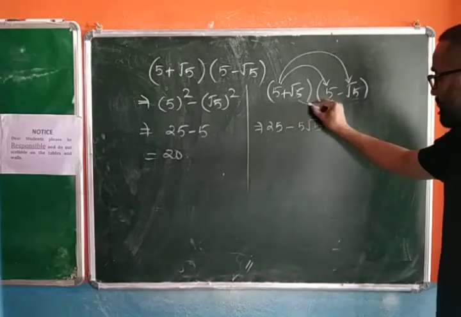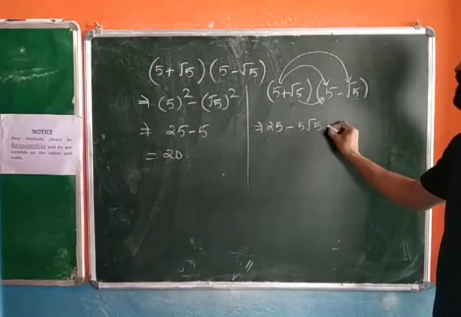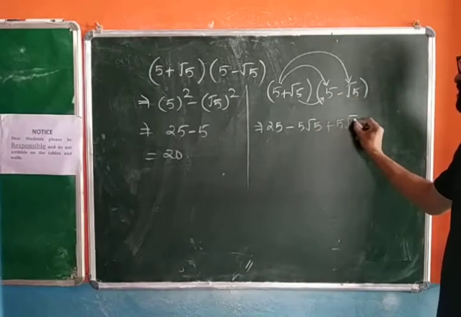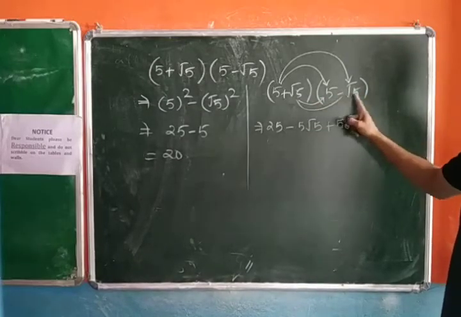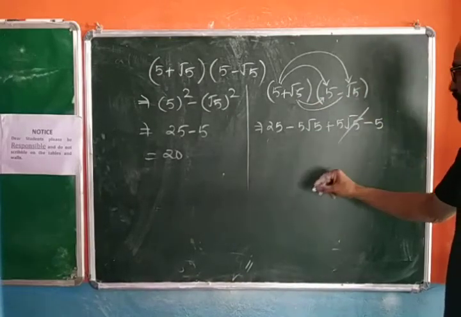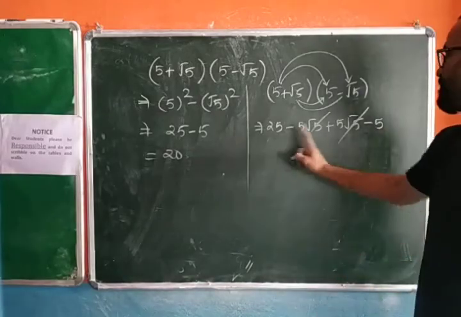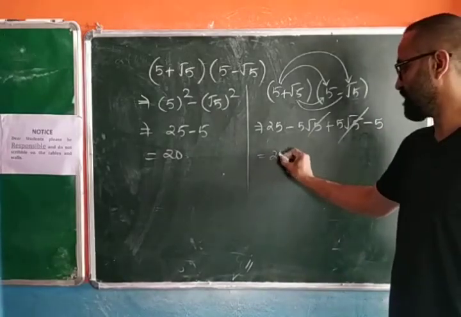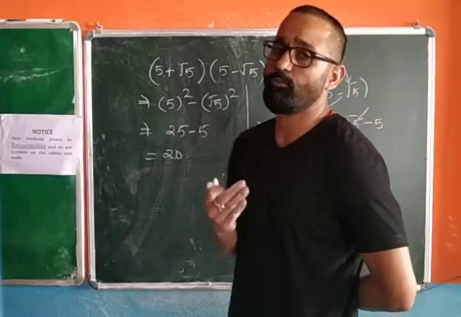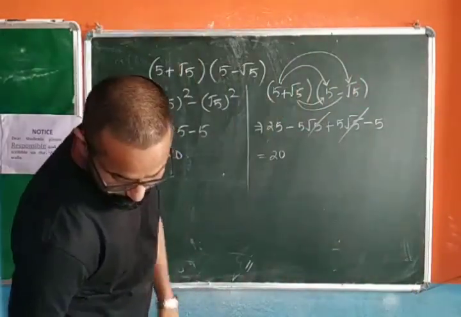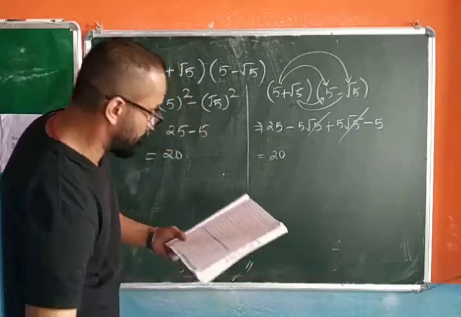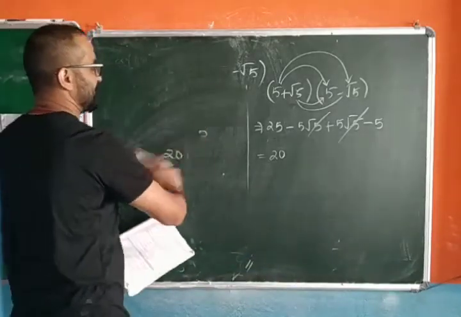Then you multiply this, you get plus 5 root 5. Plus into minus is minus, root 5 into root 5 is 5. Plus minus cancels, 25 minus 5 is 20. You can use the direct formula or you can do multiplication. Look at the last question. It's easy.